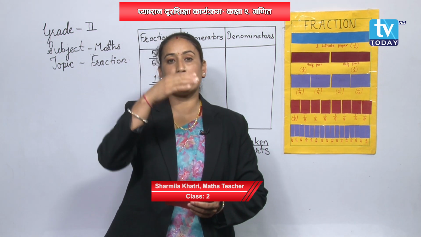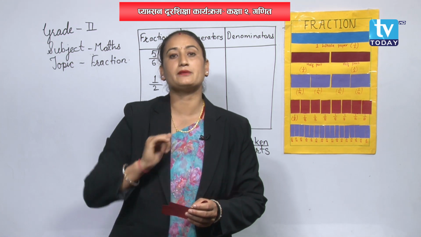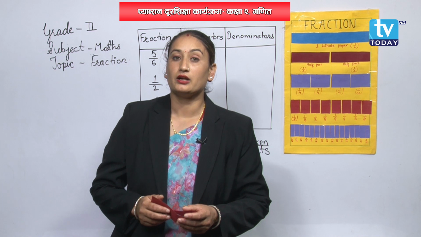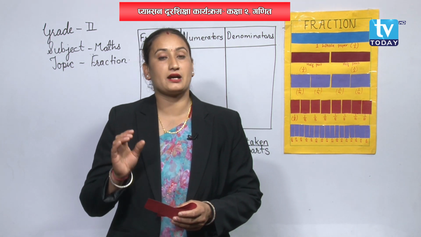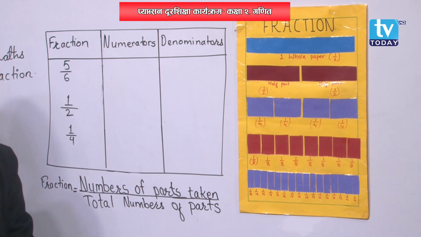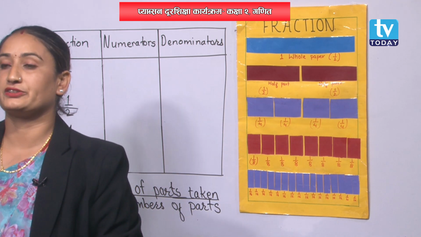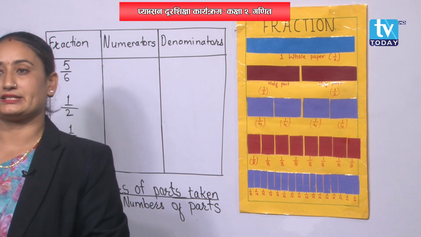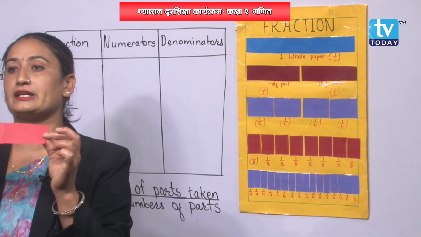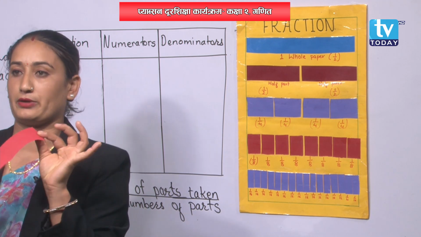The number which is at the bottom, we call it the denominator, or the total number of parts of the figure. Do you understand? Okay dear students, then we are going to make different fractions from this single paper.